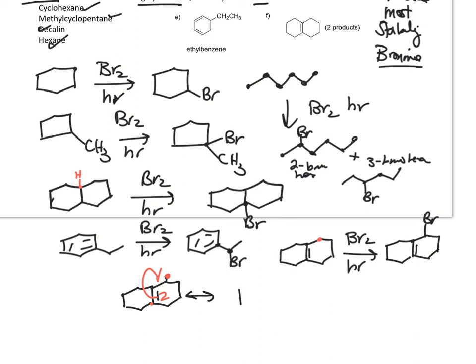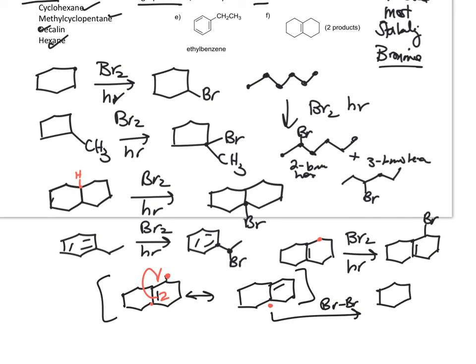So that would look like this compound here. And so remember these are equal structures, if you take this and then react it with bromine, you would get this product as well. And those would be your two products.